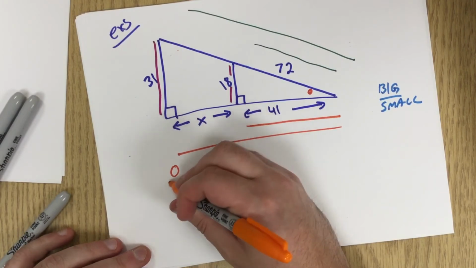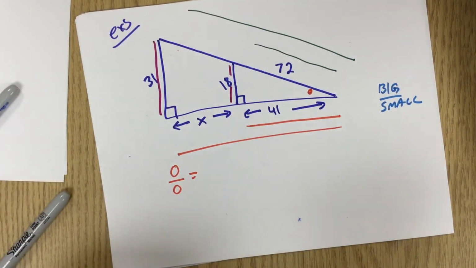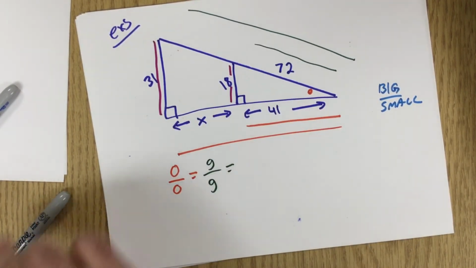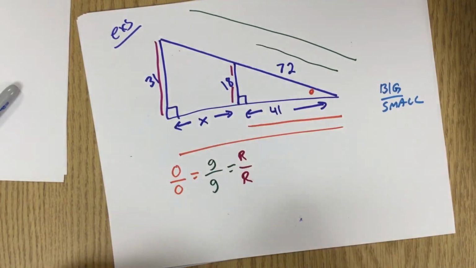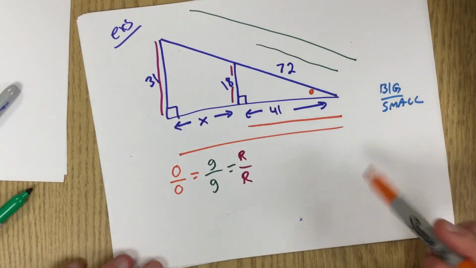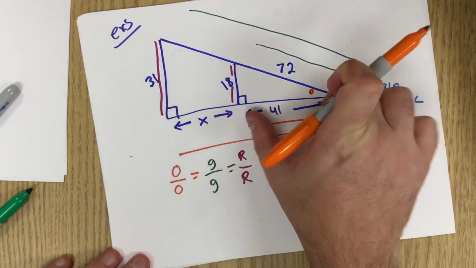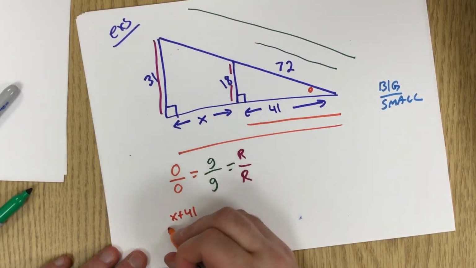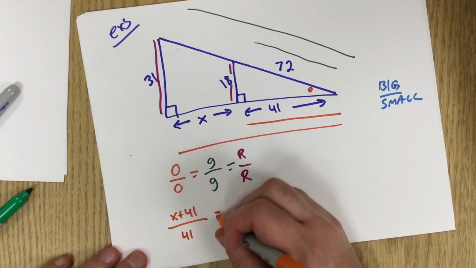Orange over orange equals green over green equals red over red. So big orange is going to be, so that's 41, but the big orange is actually this and this. It's actually going to be x plus 41 over, the small one is 41.